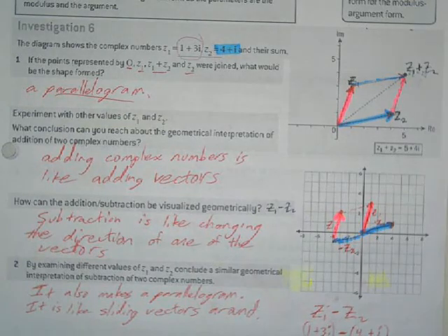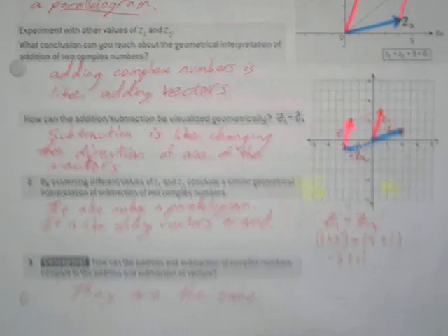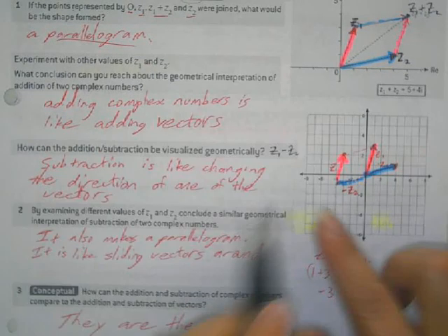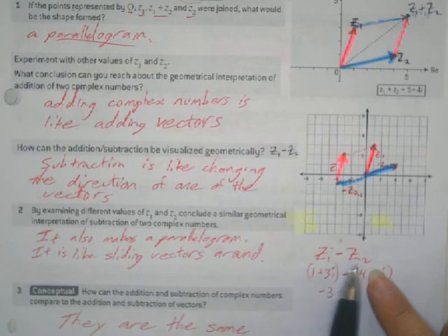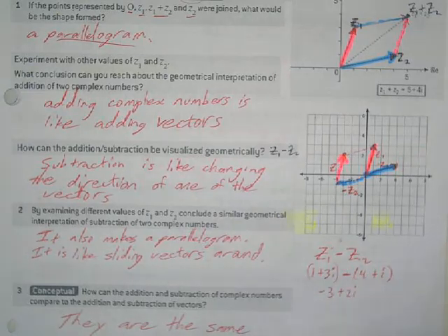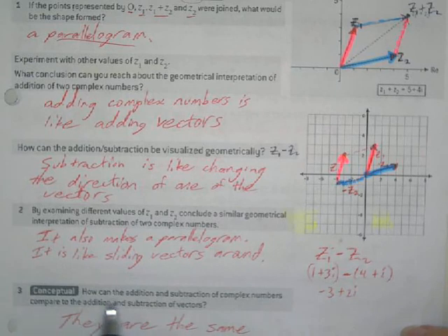So this one didn't change direction. It was z2 that changed direction when I did minus z2. Okay, so it's also like making a parallelogram and sliding the vectors around. So, conceptual question: how is addition and subtraction of complex numbers compared to addition and subtraction of vectors? And they work the same.